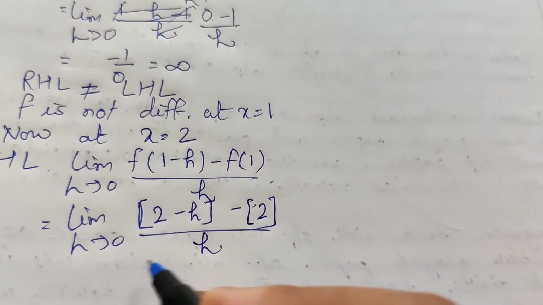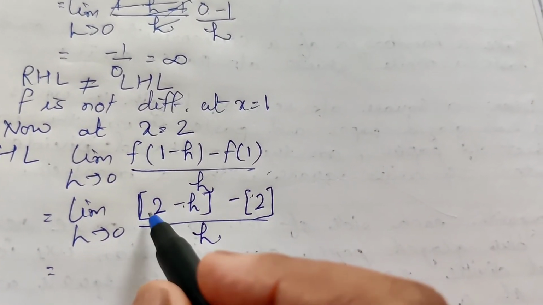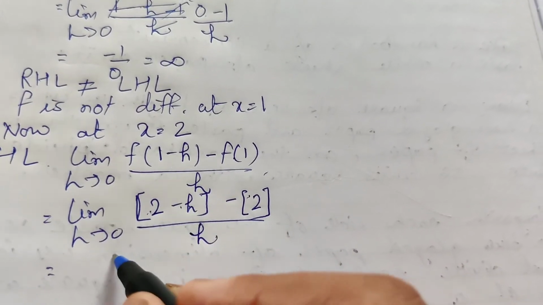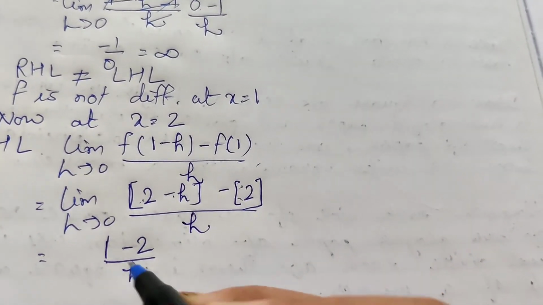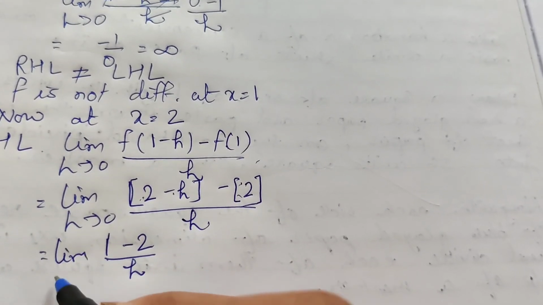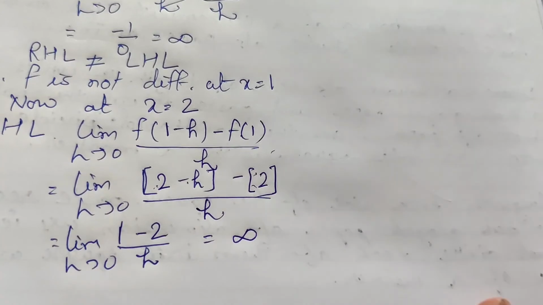Now the greatest integer of 2 minus h, it means 2 minus something, it will be equal to 1. So 1 minus 2 by h. Now h tends to 0 means denominator 0, the value is equal to infinity.